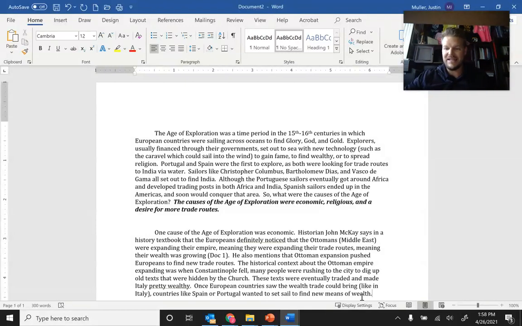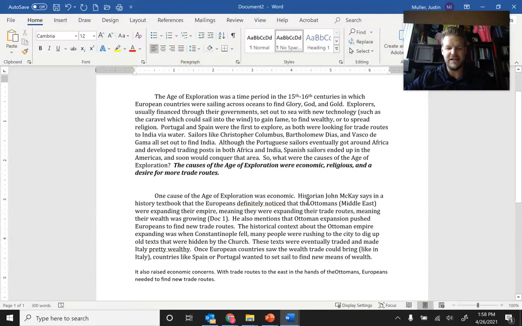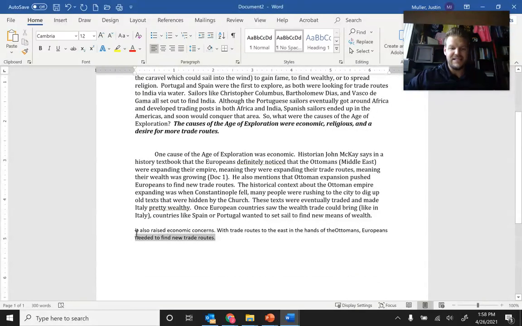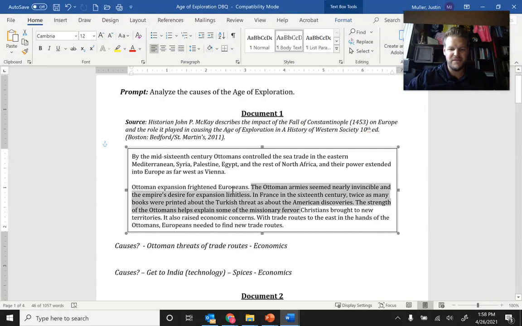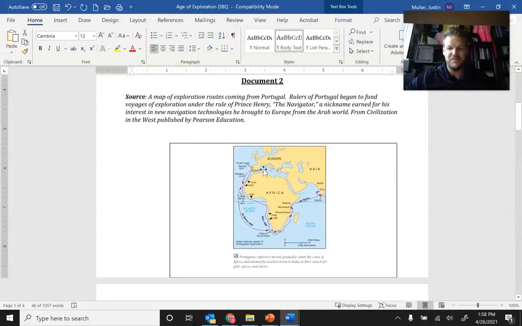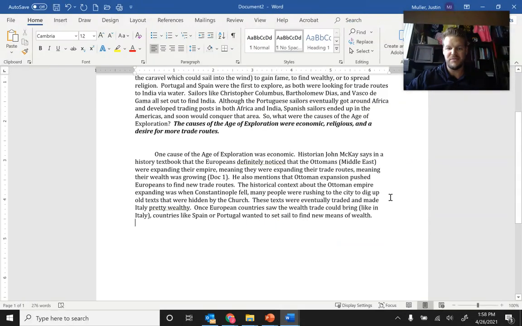Now I know this is getting longer than I wanted already, so I could delete this. I need a second piece of evidence, which I think we said we're going to do document 2. That's the easy one because it's just a picture. So you know what? Document 2 falls right into document 1 for me.